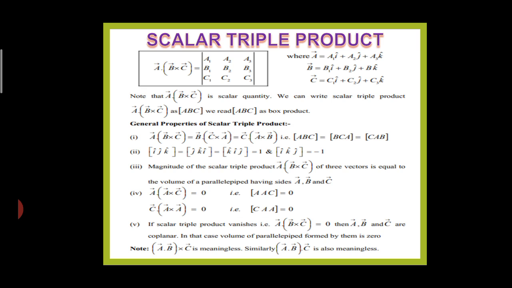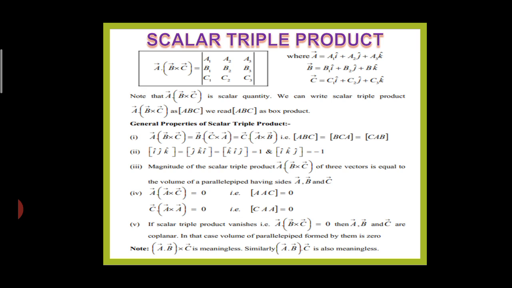Now a dot (b cross c) is a scalar quantity, and we write it as the box product abc.